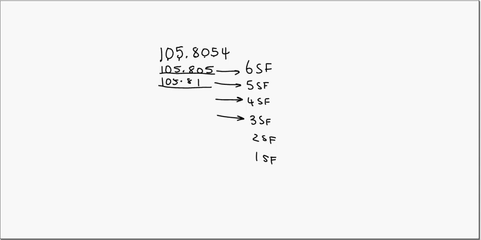Okay, so for 4 significant figures, you should have 105.8. And for 3 significant, you should have 106. Okay? Okay, so now we're going on to 2 significant figures. So I want you, before we do that, to write 2 special notes.